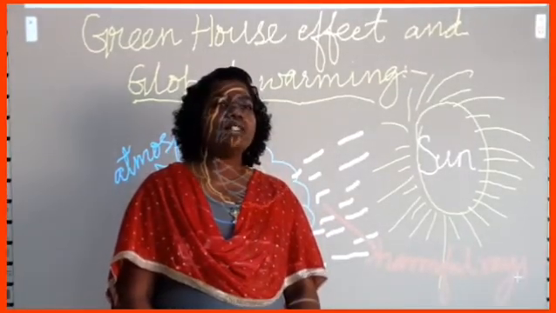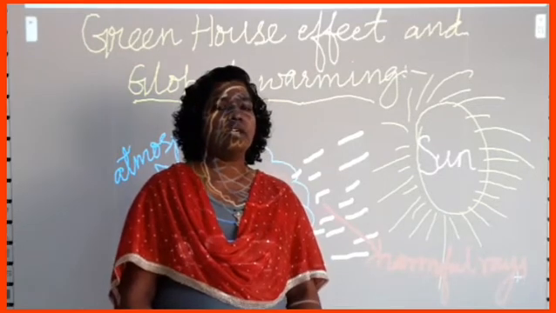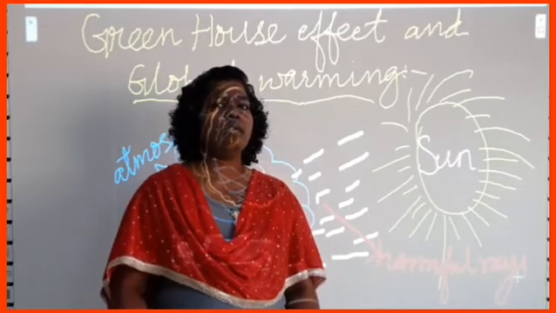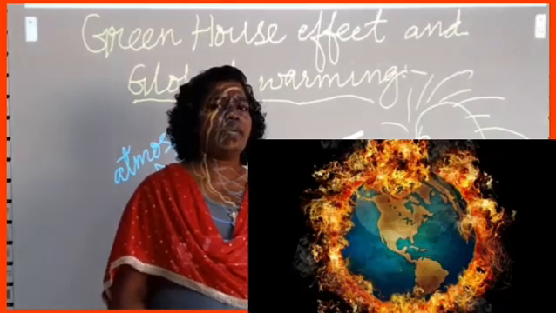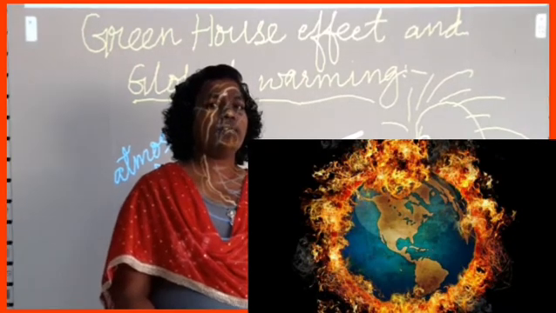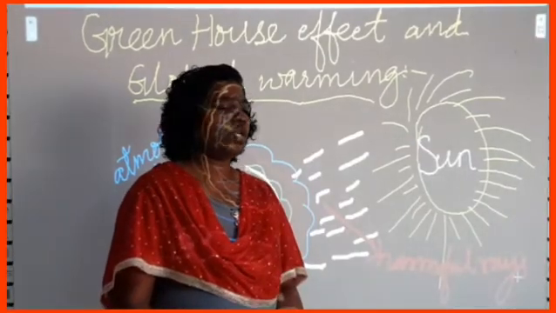What is the reason for climate change? And what are the reasons for the temperature? We feel more hot sometimes and sometimes we feel cool. What are the reasons for that? All these things we are going to learn in this class.